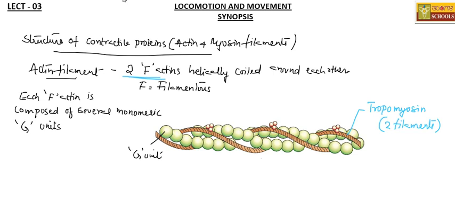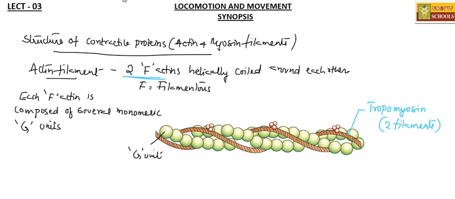Now attached to the tropomyosin, we find three proteins. You can see here there are three proteins. That's a complex protein, which we call troponin.